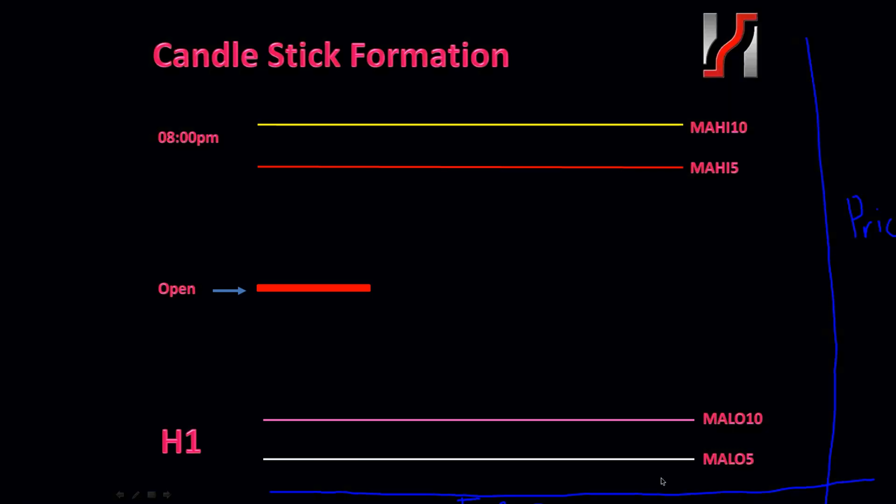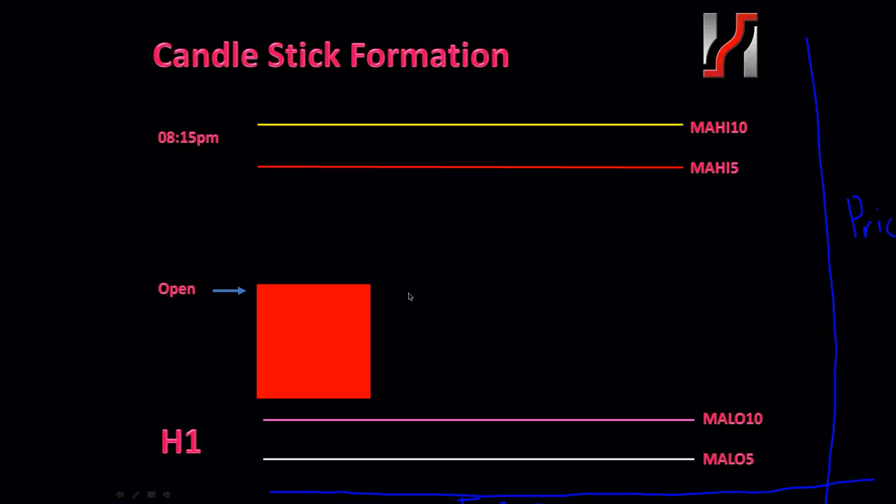Okay, so you have the buy indicators at the bottom, you have the sell indicators at the top, and at 8 p.m. on an H1 time frame, you have the candle open at this particular price. Let's say, for example, at the $1 price. Okay, so let's say in 15 minutes time at 8:15 the price moves downwards.